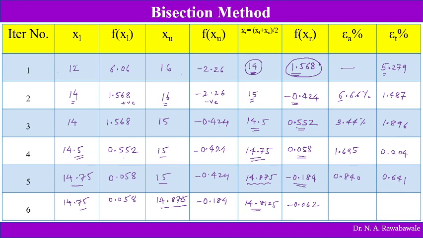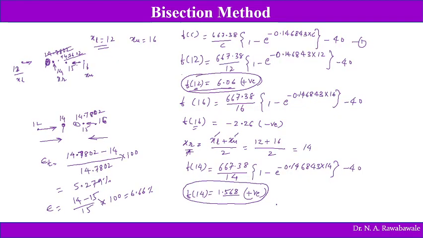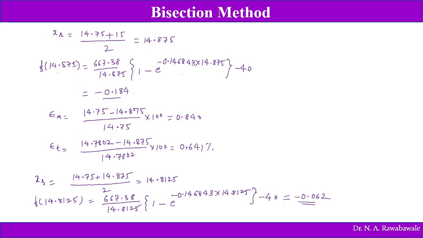Now approximate error can be obtained. So previous approximation was 14.875, new approximation is 14.8125. So we can find out approximate error.